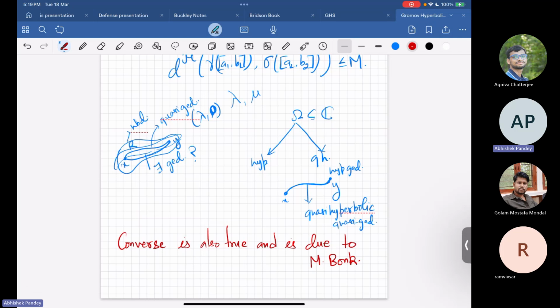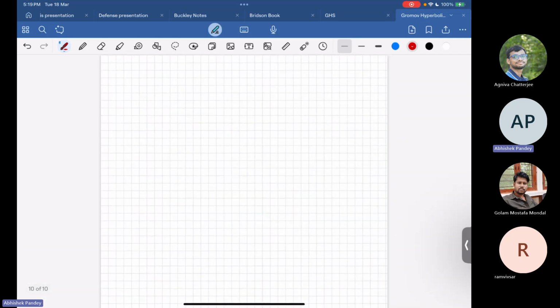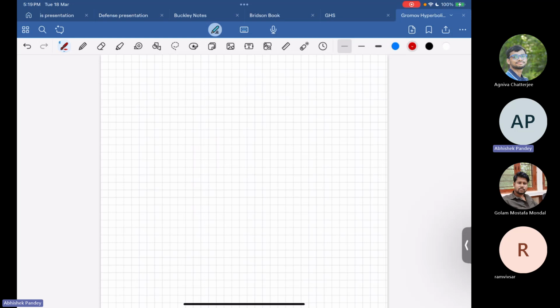Now we will come to our main result, the invariance. So this is the theorem: invariance under quasi-isometry.